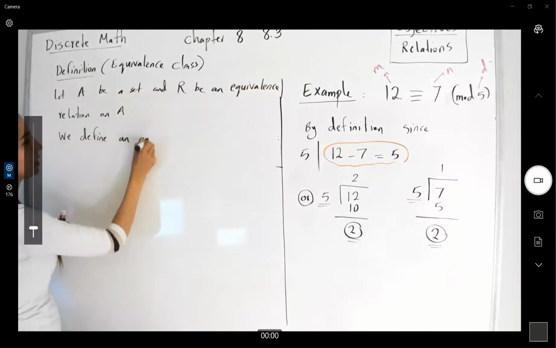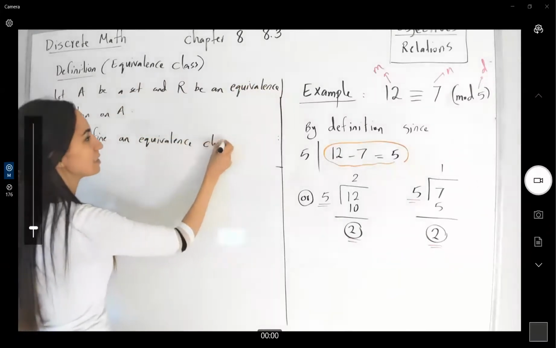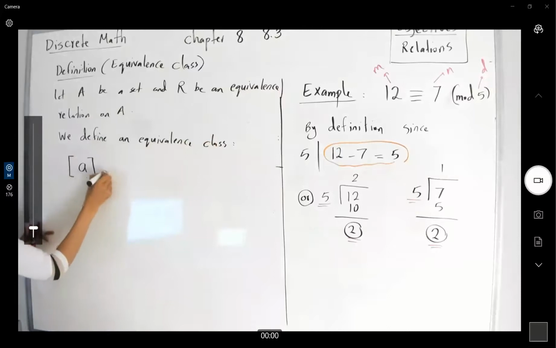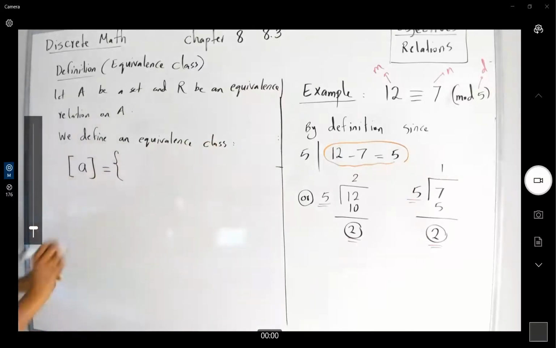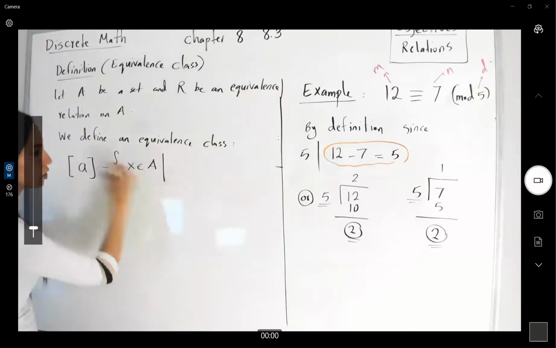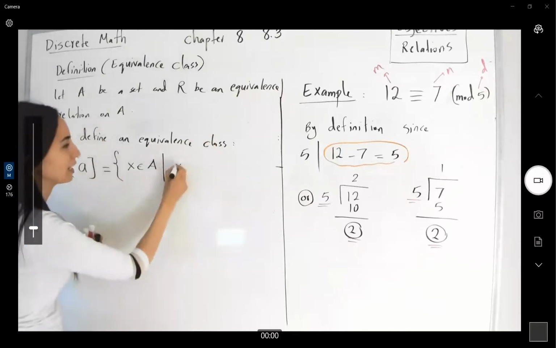You say that, hey, the equivalence class of A is equal to the set of all elements in set A such that X is in relation with A.